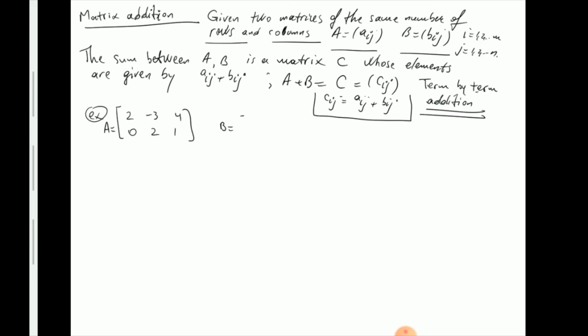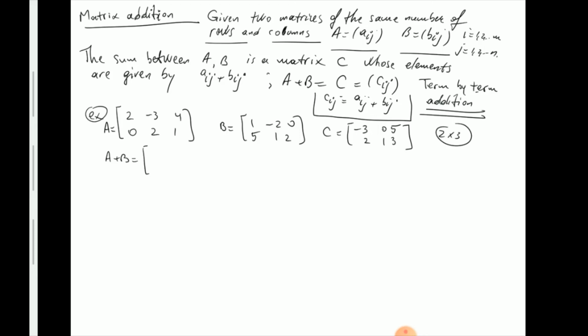B, let's say, is of the same type with entries 1, minus 2, 0, 5, 1, and 2. And then C equals minus 3, 0, 5, and then 2, 1, 3. All of them are 2 by 3 matrices. So I can add them together. So for instance, I could do A plus B.